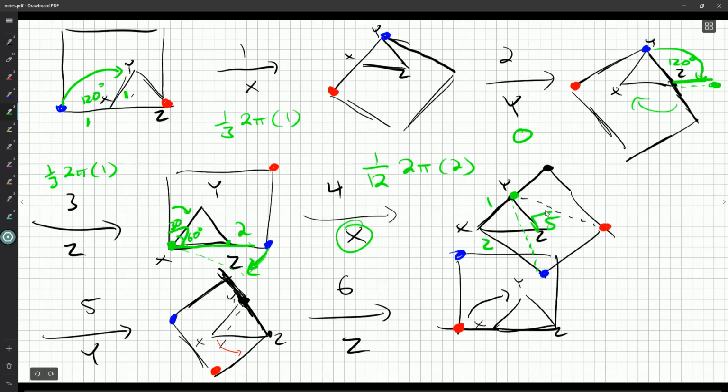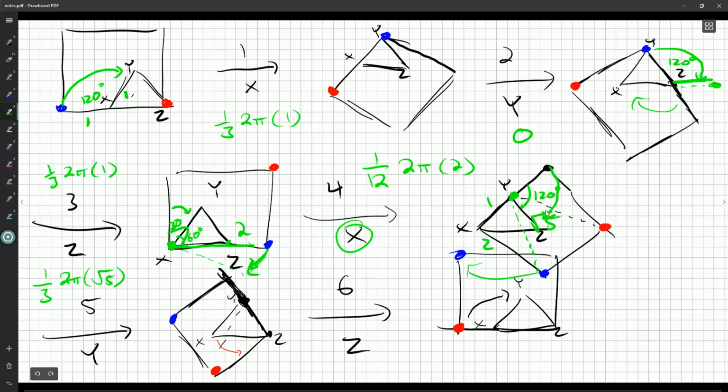E is root 5 away from Y. And how much are we rotating? 120 degrees, I think. Yeah, we rotate around Y till this corner matches up with Z. But it's E that we're concerned with, so E rotates root 5. And it's another 120, so 1/3 the circumference, but now the radius is root 5.